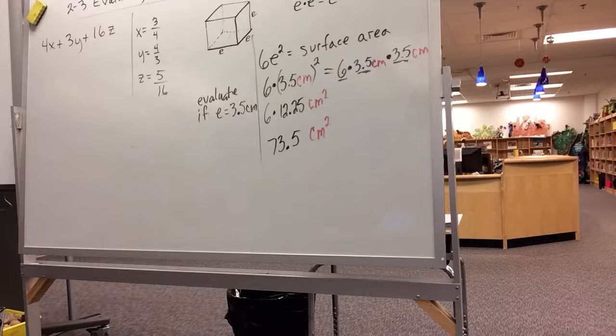Why do they have to put those letters in there? Why don't they just put the actual number? The idea behind this is we're trying to describe patterns, and the patterns are going to be for more than just one example.